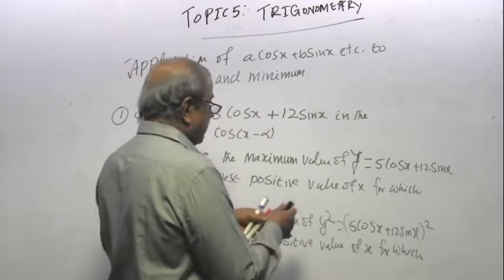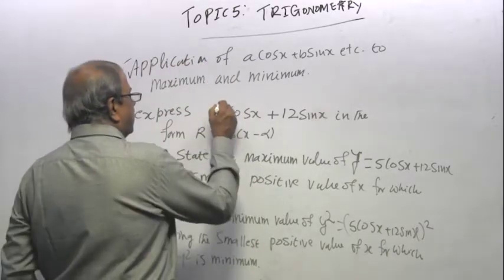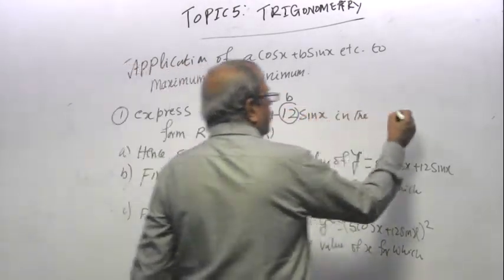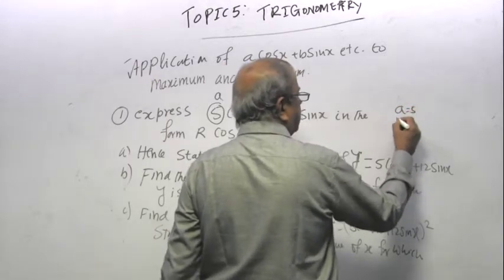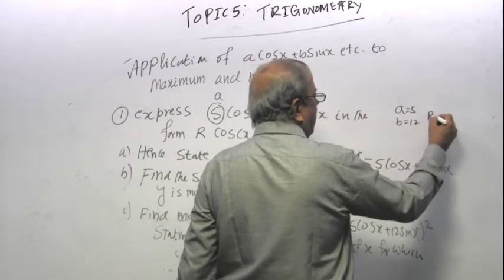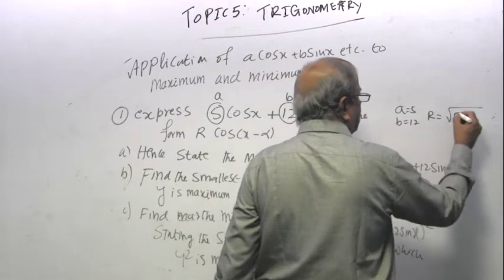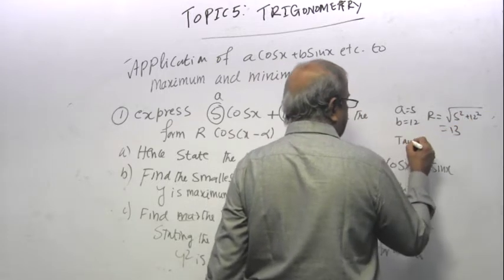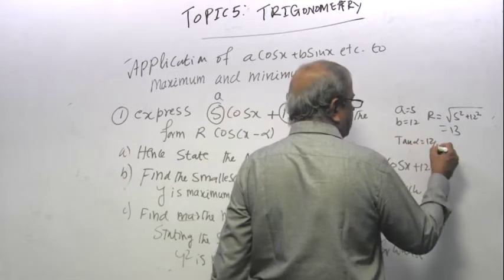Okay, so what I'll do is, remember, I've rubbed off all those because the format, that's a plus. When you expand cos of a minus, this is going to be a plus. So the format is okay. So you straight away start with, remember, that's your a, that's your b. So a is 5, b is 12, r is root of 5 squared plus 12 squared, which is 13. Then tan alpha equals 12 over 5.